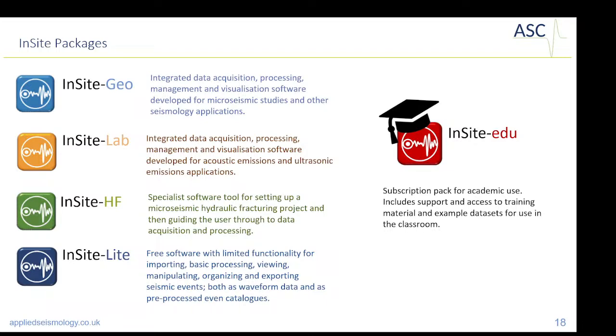InSite Lab has the tools focused on the processing of acoustic emission events induced in lab testing. InSite HF is customized for the processing of microseismicity induced in hydraulic fracturing projects.